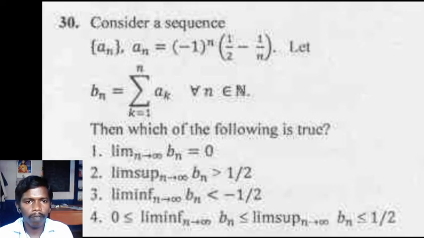So first of all, we need to check the behavior of the sequence b_n. In order to check the behavior of the sequence b_n, we need to know the behavior of a_n. Clearly, they have given a_n equal to (-1)^n times (1/2 - 1/n).